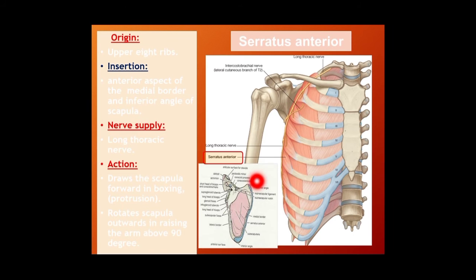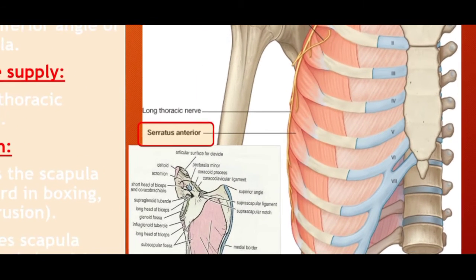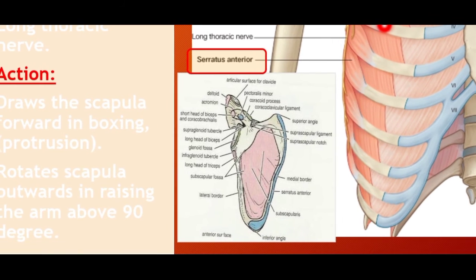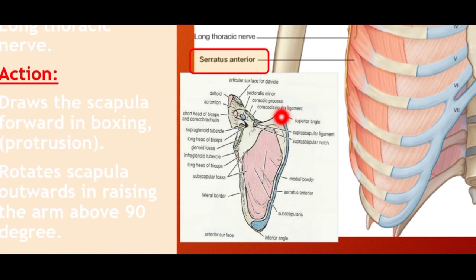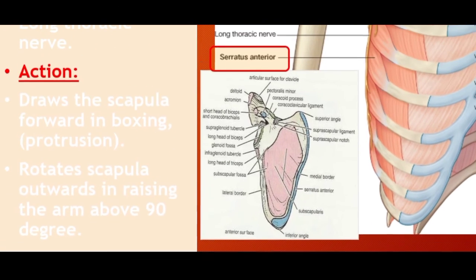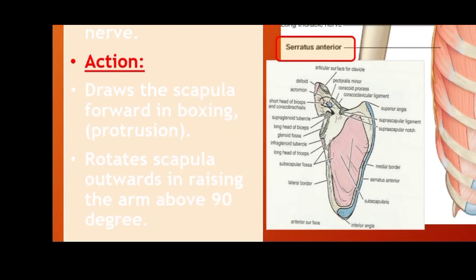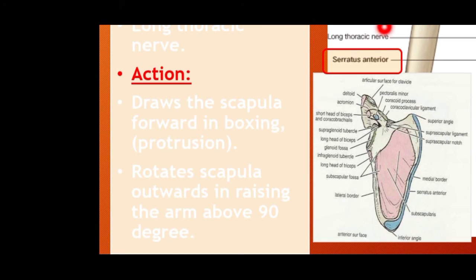The first digitation is inserted into the superior angle of the scapula. Two digitations are inserted lower down along the medial border, and 5 digitations are inserted into the inferior angle of the scapula, right?